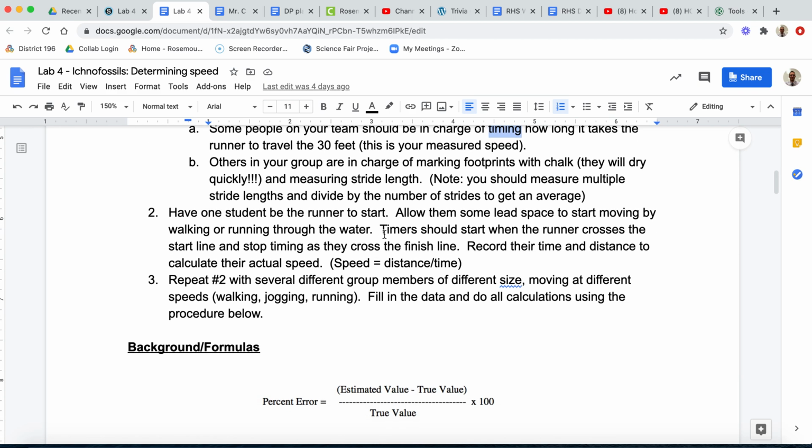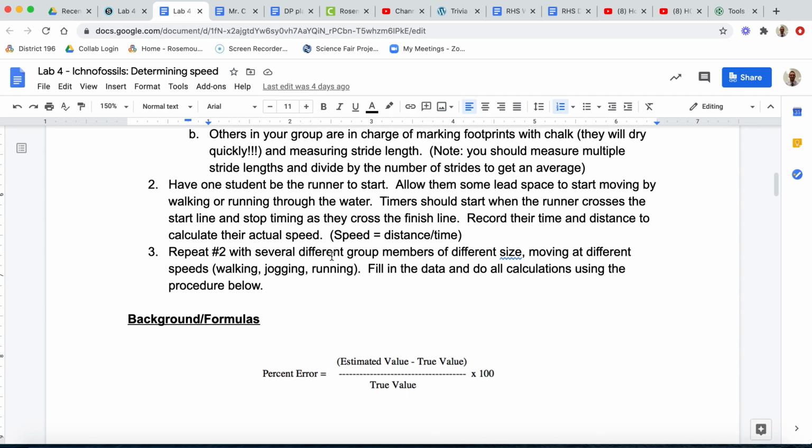Okay. So one person is going to be the runner. Okay. You're going to get your feet wet, and then you're going to walk, run, jog. You can choose how you want to start it. You're going to start the timer the second that you cross the start line, and then stop it when you cross the finish line, and then you're going to do some calculations.